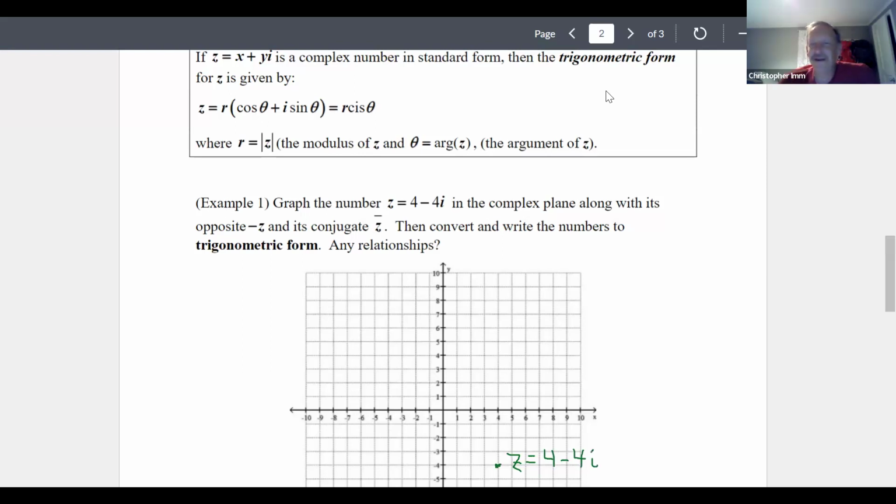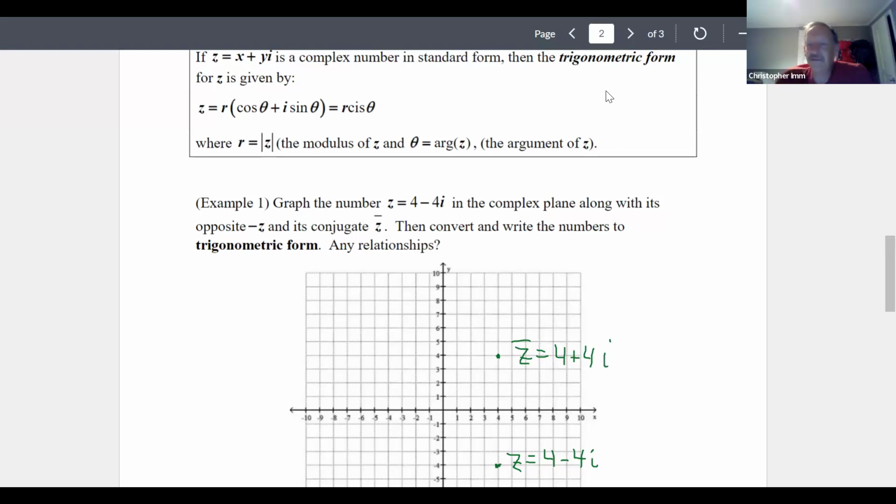If I wanted to plot the conjugate, remember the conjugate is just the same number with the opposite imaginary part. So that's going to be 4 plus 4i. That's going to be in our first quadrant. So I'll go over 4 to the right and up 4, and I have z bar equaling 4 plus 4i. So that's the conjugate.